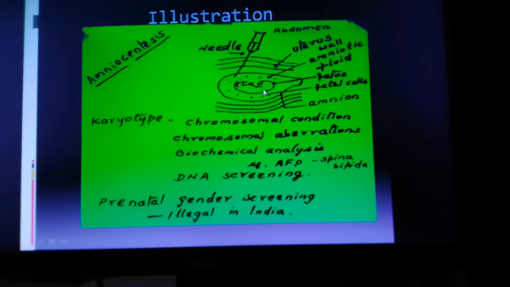Now here this illustration may give you the position of the fetus inside the amnion of the pregnant mother.